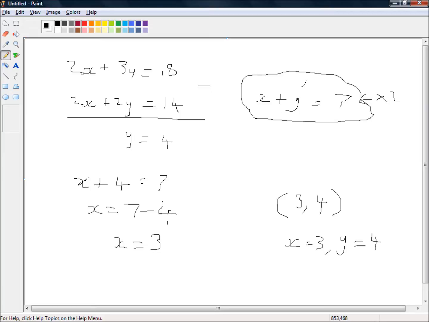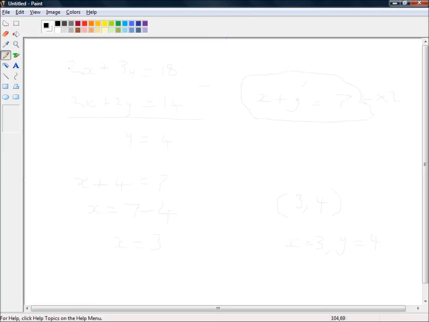Okay, let's try one more. Let's try 2x minus 6y is equal to 2, and 6x minus 2y is equal to 38.